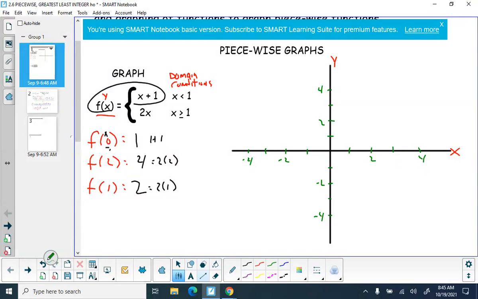But I found it's a little bit easier to take a look at it in a different way. You are graphing two different lines, or two different functions.